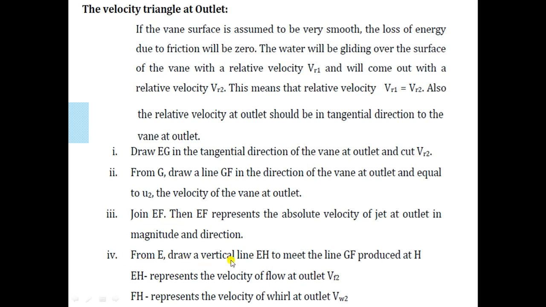From E, we need to draw a vertical line EH to meet the line GF produced at H. So EH represents the velocity of flow at outlet, and FH represents the velocity of whirl at outlet.